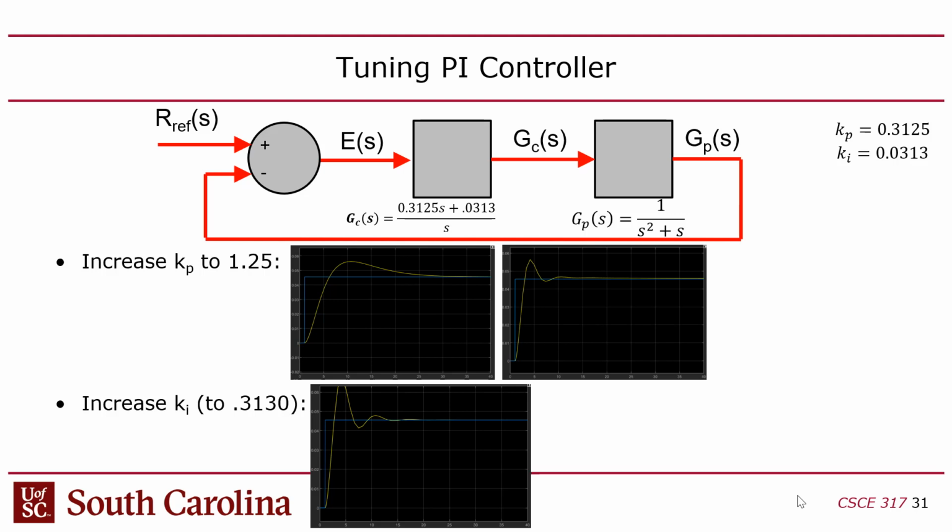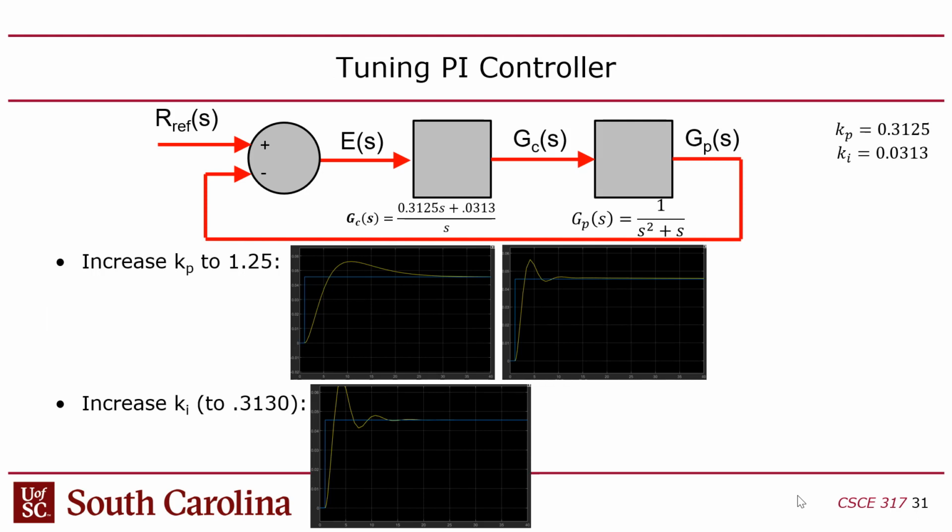But then I thought, well, can I fix the overshoot? What if I increase the integral coefficient to 0.3130? And that actually made it worse. That made the overshoot even worse.